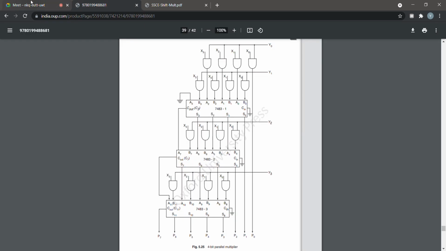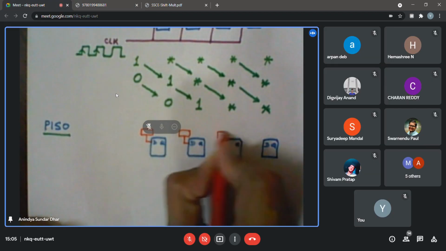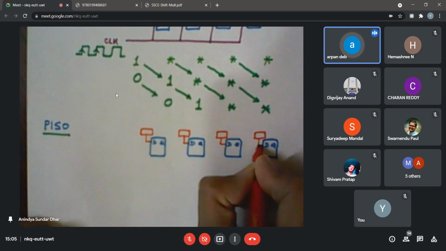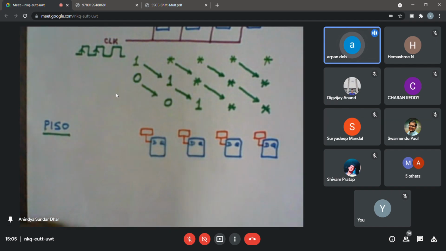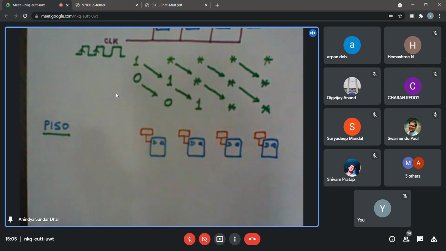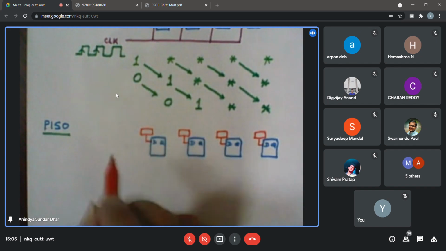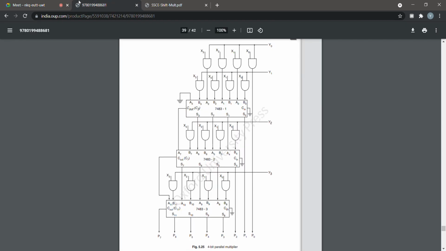Is the drawing visible where I am drawing? Yes, sir. Okay. This multiplexer is internally within the IC. I have not yet mentioned the name of the IC, but the IC that you will be using has this inside it.